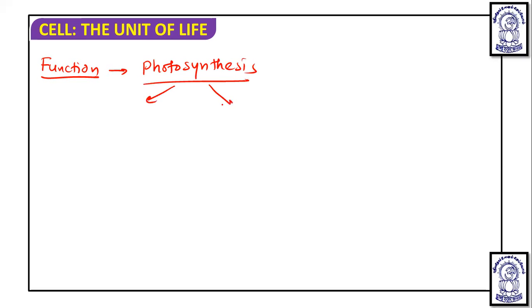After this, dear students, if we talk about function, the important function of the chloroplast is to carry out photosynthesis. And we know that in photosynthesis, two reactions take place: light reaction and dark reaction. RXN means reaction.